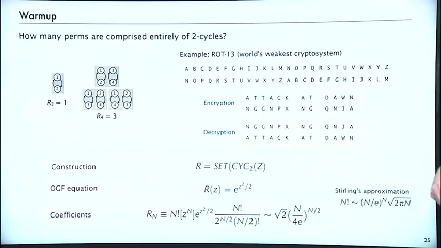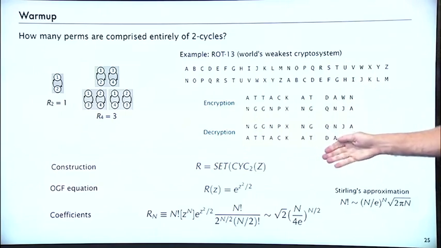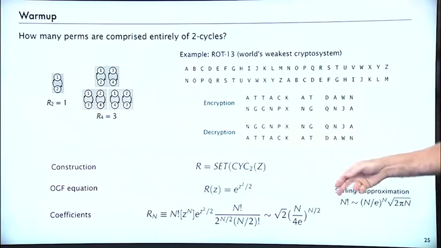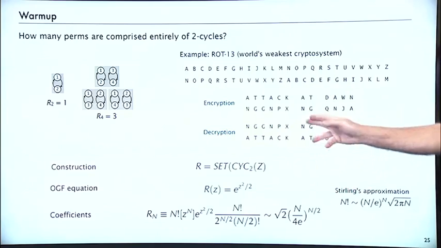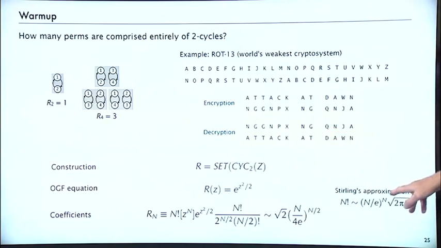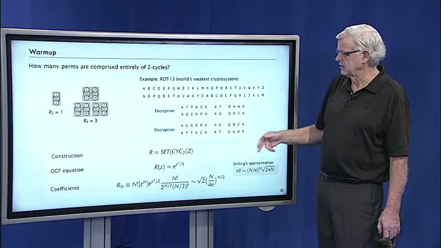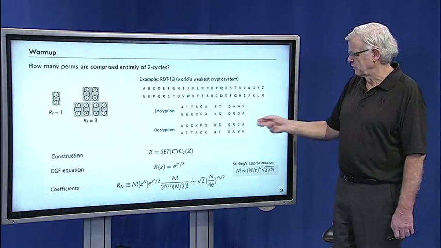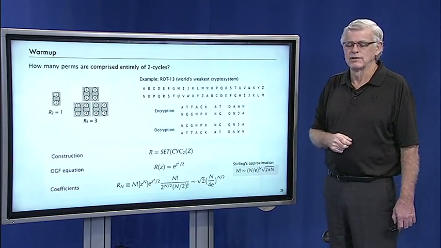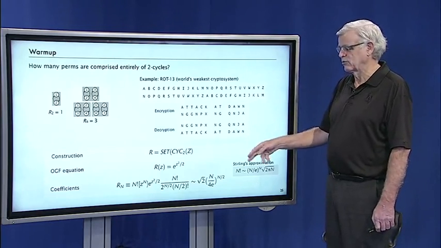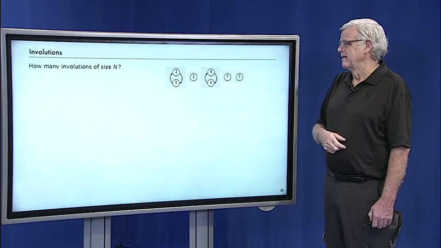So that's going to be z squared over 2, so it's n over 2 factorial, and that's the equation, and we can do the asymptotics from Stirling's approximation to get the number of 2 cycles. So very simple and straightforward with basic analytic combinatorics and asymptotics.